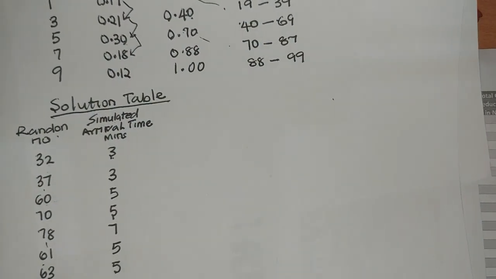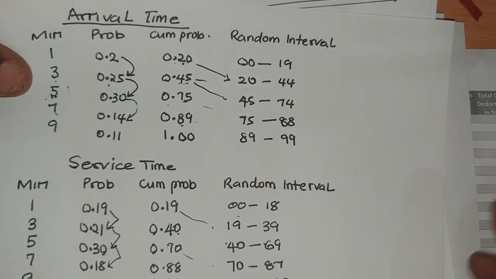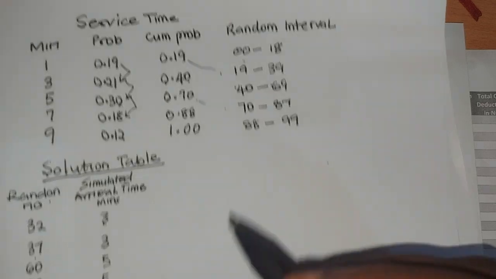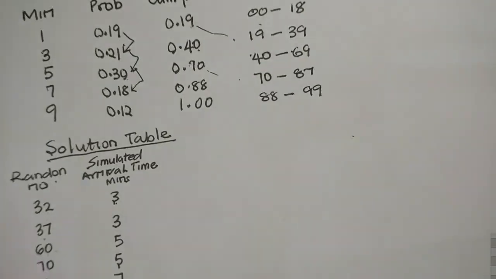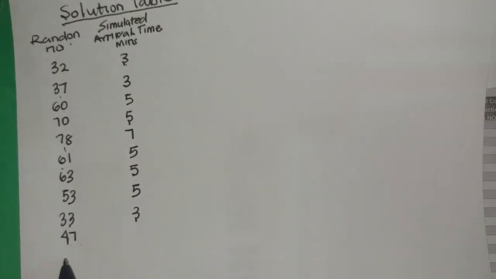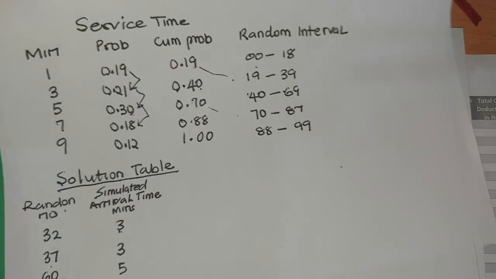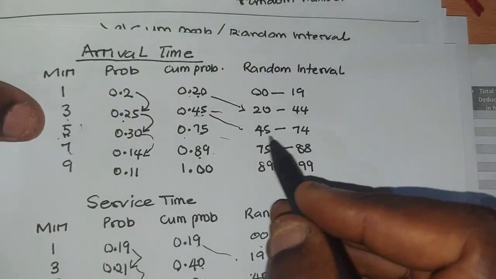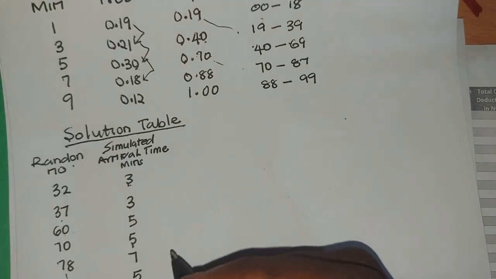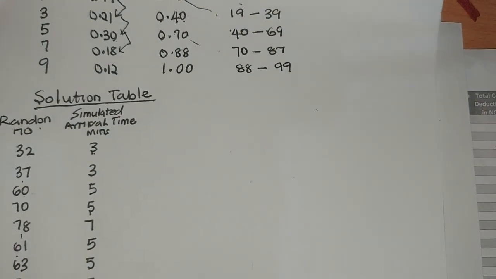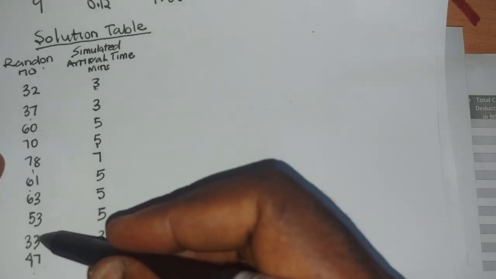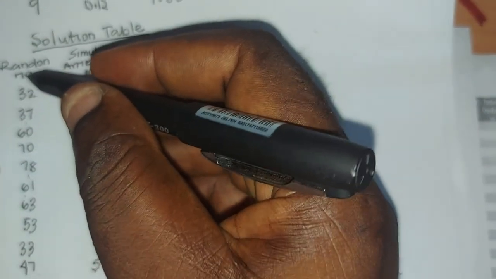For 33, it falls within this interval, and the corresponding minute is 3. For 47, the corresponding minutes is 5. Okay, class, so we have been able to simulate for 10 customers. If you count, 1, 2, 3, 4, 5, 6, 7, 8, 9, 10.